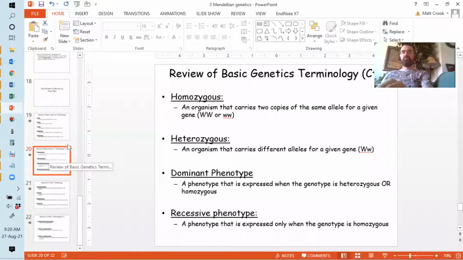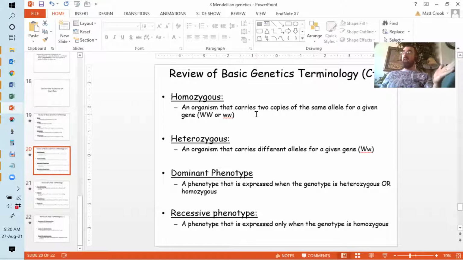All right. Some more important words. Homozygous, two are the same. Heterozygous, each one different. All animals, not sure about plants, plants are kind of weird, but diploid, I think. There's some weird stuff going on in Drosophila sometimes.